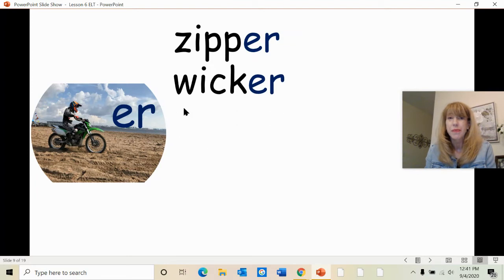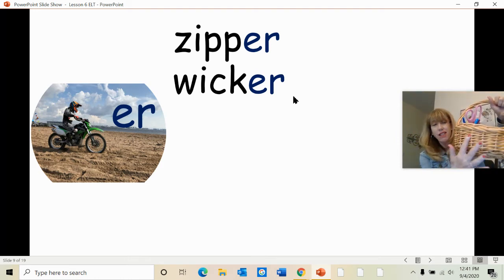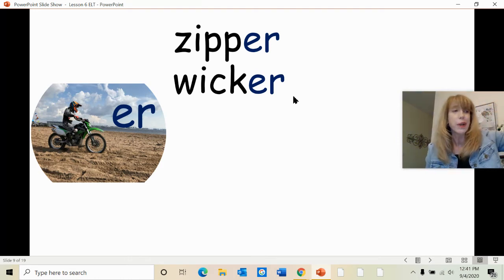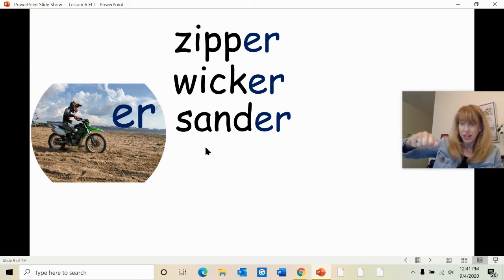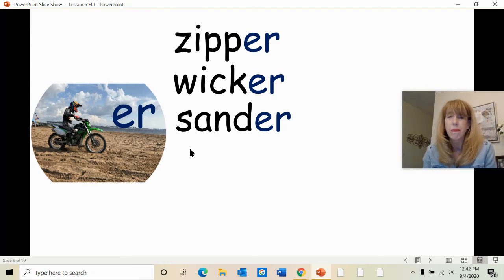Zipper. Wicker. Wicker is like a basket. It's the sticks that are woven together. We call that wicker. Next one, you try. Sander. Like an electric sander, it makes the wood soft and you go across the wood.